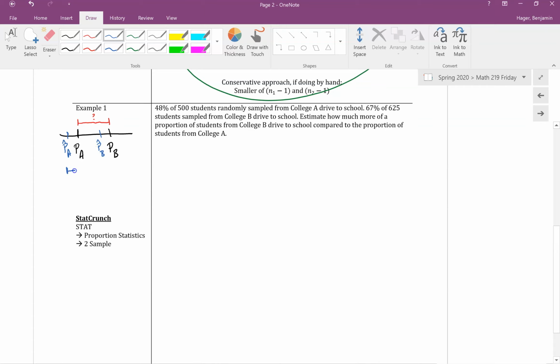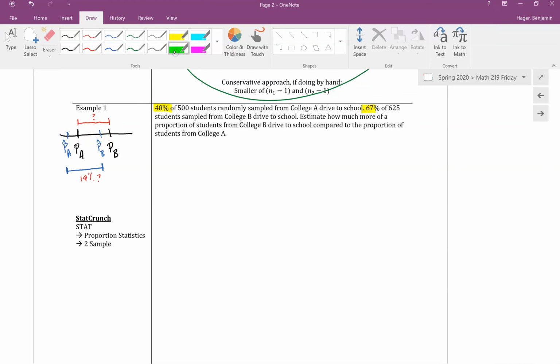So here's what our guess is. Our guess says there was 48% at College A and 67% at College B. So if I subtract those correctly, I think that's a 19% difference. So our guess is about a 19% difference. Okay, but we know that guess is probably a little off because our samples were off from the true proportions.